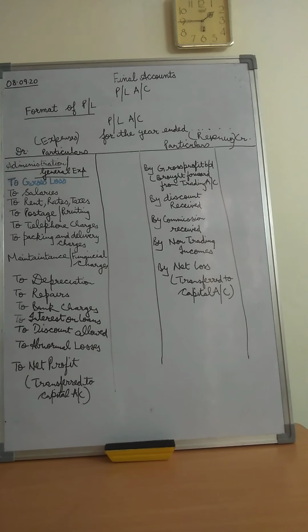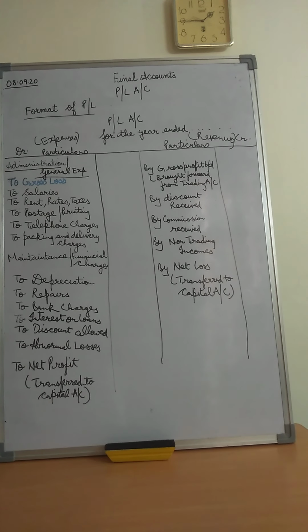Now children, in actual sense, why do we need to have a P&L account? Kindly note that we need the P&L account for the following reasons. Number one is knowledge of the net profit or net loss.